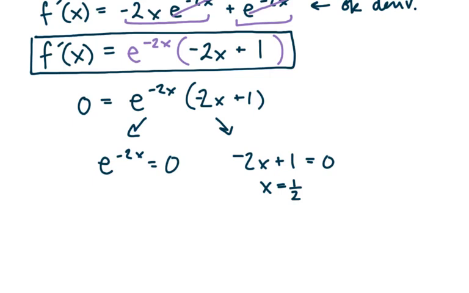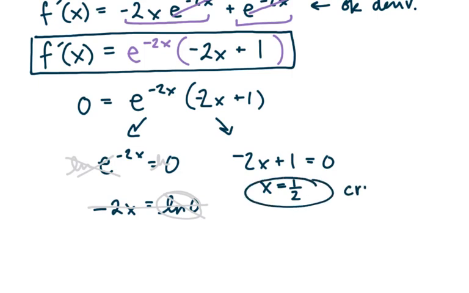So when I take the natural log of both sides, on the left it's going to cancel that e out, and I've got negative 2x, and on the right I get natural log of 0, which of course we can't take, because natural log is not defined there, so there's no critical number there. So we just have one critical number.